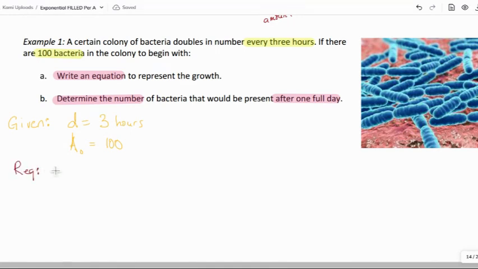What's required? Well, for A, we just need the equation. And for B, we need to determine the number of bacteria that would be present after 1 full day. So what am I solving for in the second one? Which variable am I solving for? Okay, talk to the people next to you. Determine the number of bacteria.